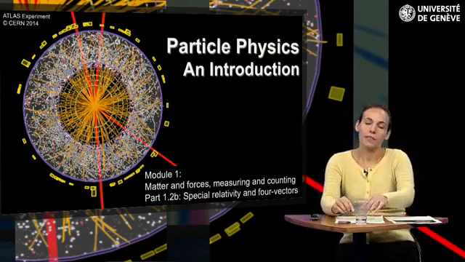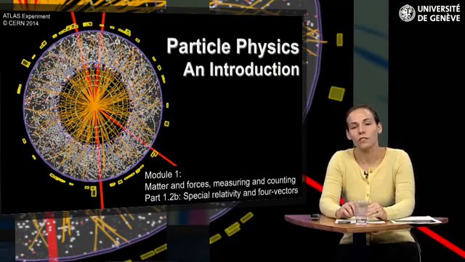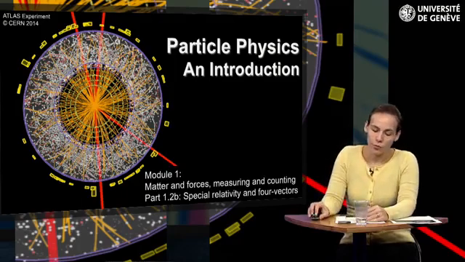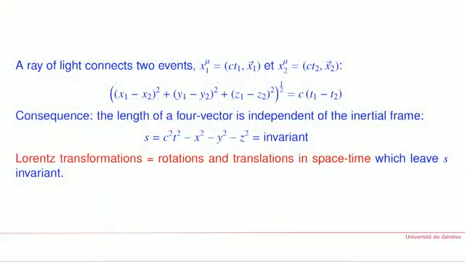The metric of space-time is defined by the speed of light c, an invariant constant in every inertial frame. So suppose that a light ray connects two events, (ct1, x1) and (ct2, x2).